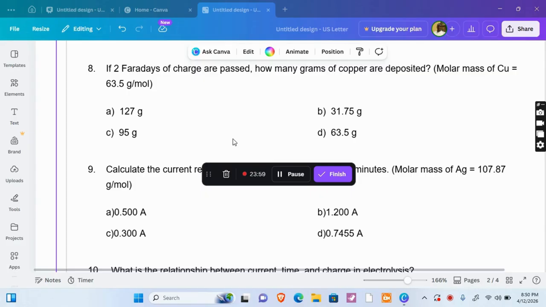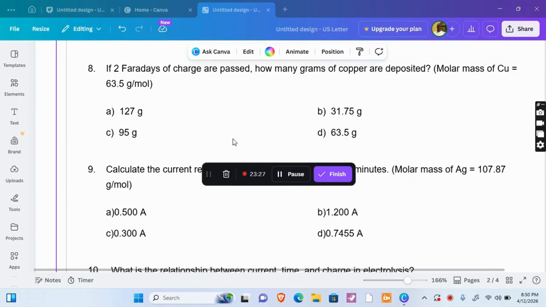All right, so I want to start by stating Faraday's first law of electrolysis. The first thing you need to know about it is that it is a law that connects the mass of a substance that is deposited during electrolysis.